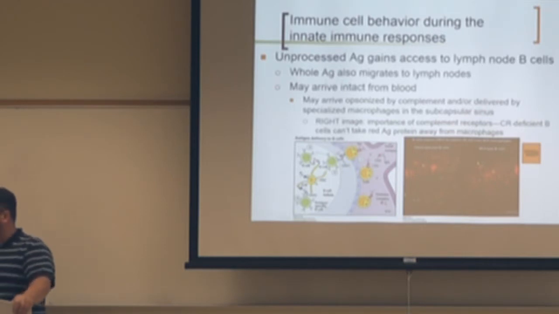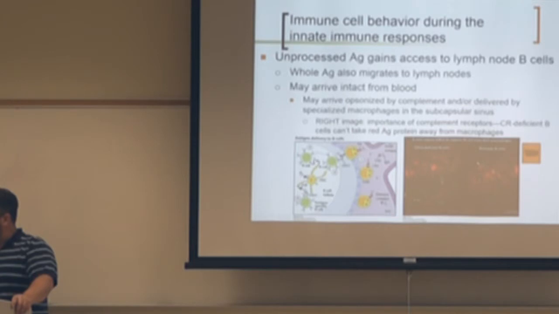The antigen is bound to these macrophages, and if they have complement on them, B cells will come along and bind to the antigen, and to the complement itself through CD21. Then they will be able to internalize that antigen, process it, and present it via MHC class 2. If they don't have those receptors, then they won't.